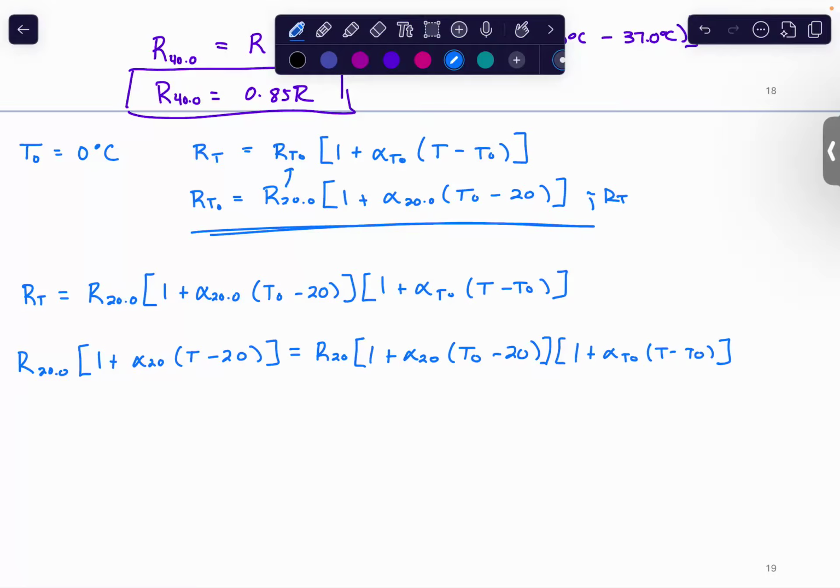All righty. Now, I can divide out the resistances.